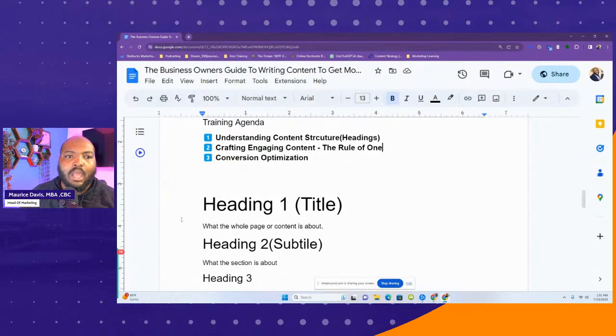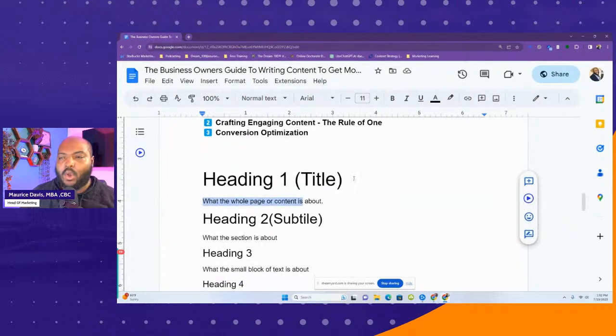So, heading one, when we're looking at our content, that's usually the title, or more specifically, it tells us what the whole page or all the content is about. When we think about heading ones, we can think about them like titles to books, the main titles on a web page, the titles to a website, the title above a blog article.